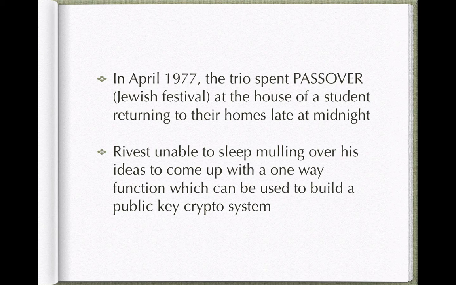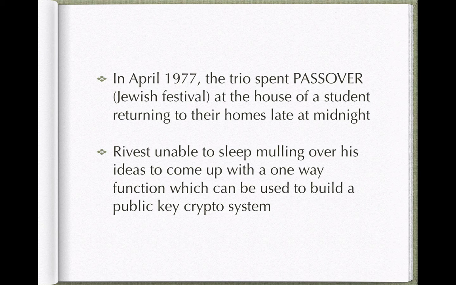So Ronald Rivest could not sleep at his home. He kept on thinking about the idea of how to come up with a one-way function. Suddenly it occurred to him, why don't I use the concept of prime numbers to achieve my one-way function? Because in classical number theory in mathematics, prime number factorization is one of the very well-known problems.